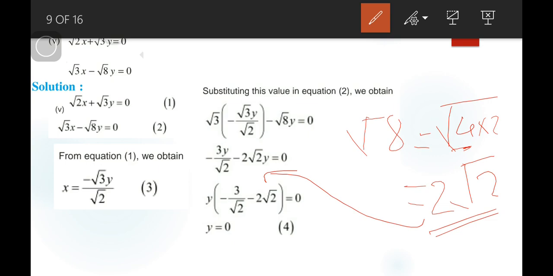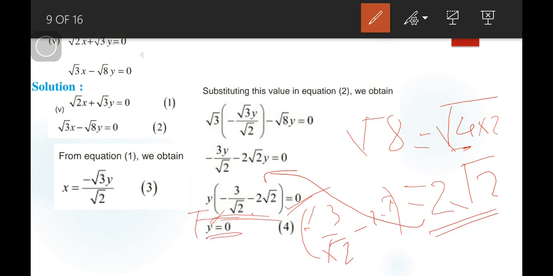So here y is common, so we take y, and in the bracket, if we move this bracket to the RHS, then 0 divided by this is in multiplication with y, then we find here minus 3 by root 2 minus 2 root 2, and we know that if the numerator of any term is 0, then it will be equal to 0.